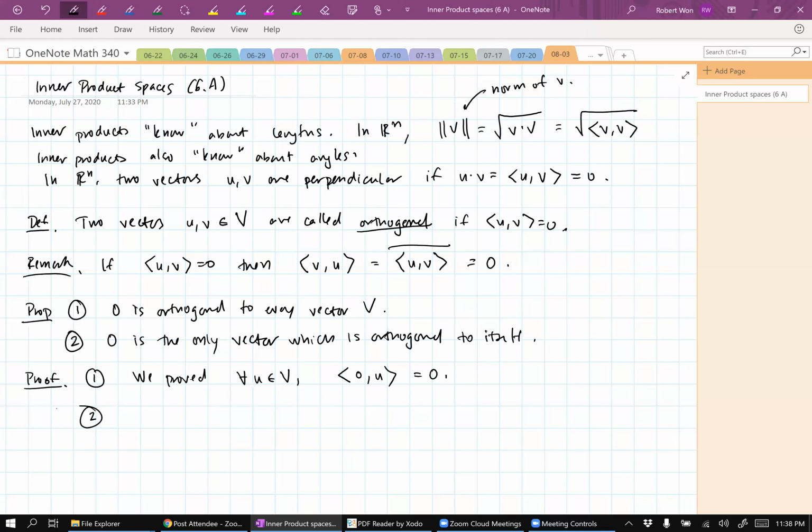For two, I need to prove that 0 is the only vector that's orthogonal to itself. So if v is orthogonal to itself, then, by definition, this means that the inner product of v and v is 0.